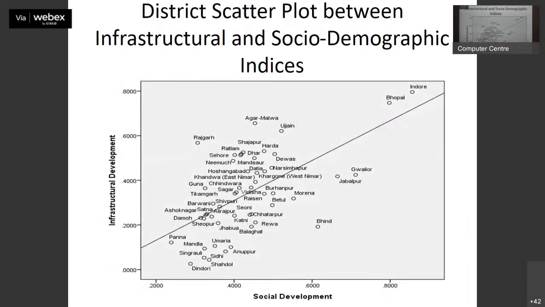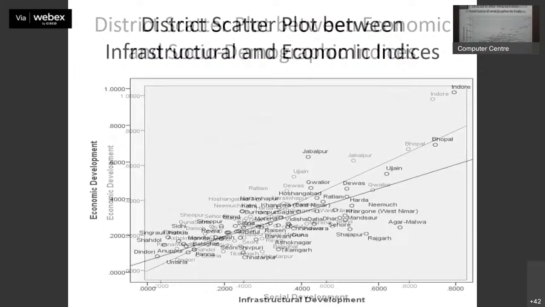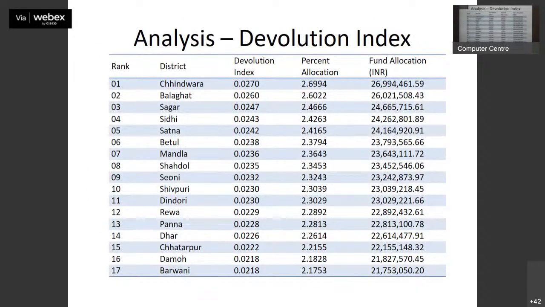You are asking about the Ujjain division level analysis or for overall Madhya Pradesh?